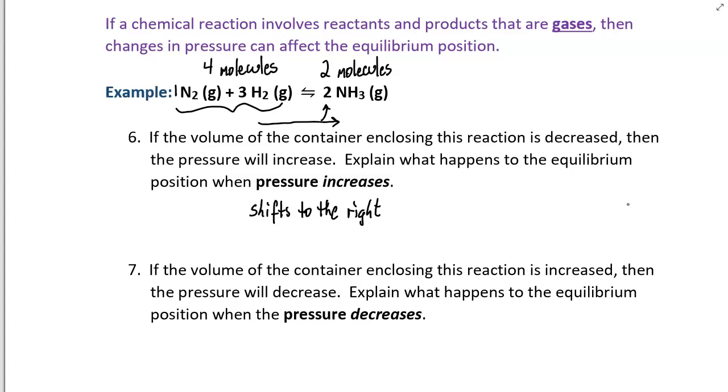To increase pressure inside a container, we need to have more gas particles. The left side of the chemical reaction has 4 molecules, and the right side has only 2 molecules. To increase the number of particles in the container, the reverse reaction needs to be favored. The equilibrium position shifts to the left.